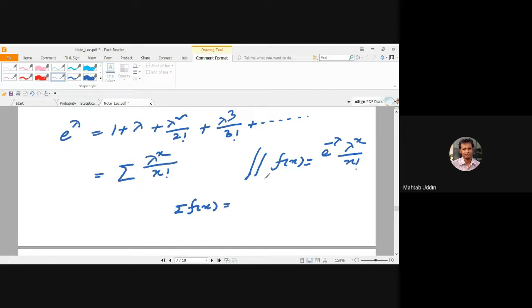You can see e to the power minus lambda has no x involved, so it will be outside of the sum, leaving lambda to the power x by x factorial. But from here, we know this is e to the power minus lambda into e to the power lambda. So e to the power minus lambda plus lambda is e to the power 0. What is e to the power 0?